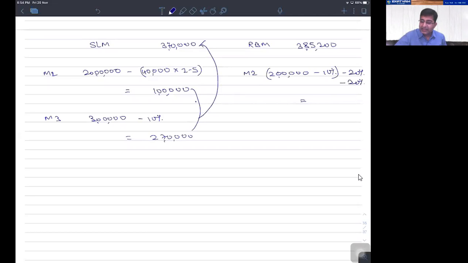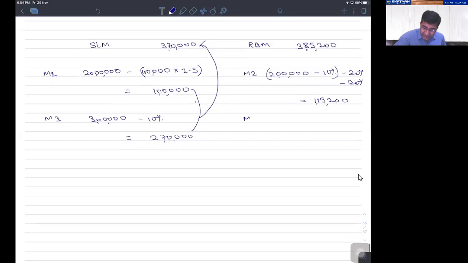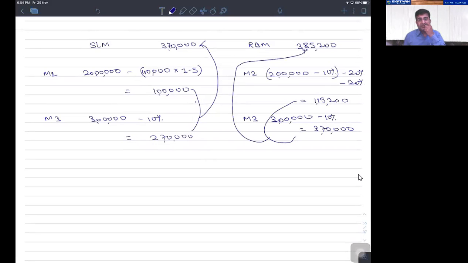So accordingly that comes to 1,15,200. और M3 के केस में तो कैलकुलेशन रिमेन सेम, that is 3 lakh, क्योंकि first year of depreciation and rate of depreciation in both the methods is given as same, 10%, that is 2,70,000. And accordingly the total of these book values come to 3,85,200. It's as simple as that.